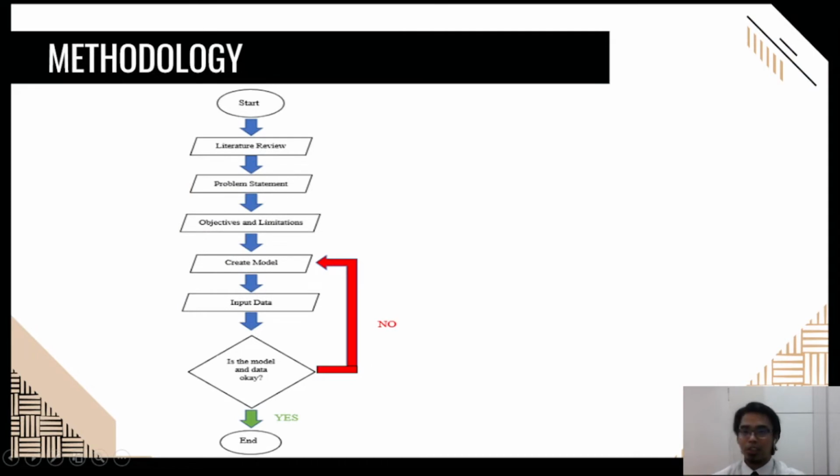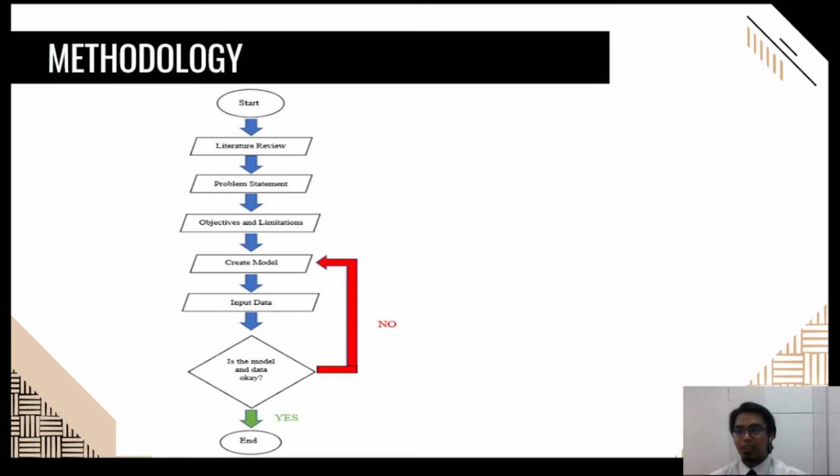As for the methodology of my final year project, this is the flowchart of my final year project 1. The first one is we got the start, next we go on to literature review, next we go on to problem statement, then the objectives and limitations, next is creating a model and then input the data.